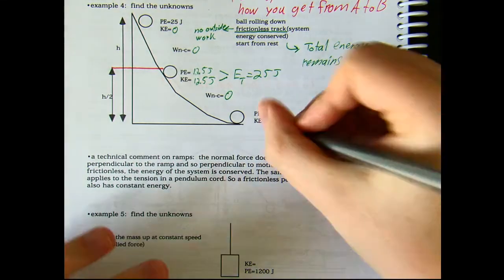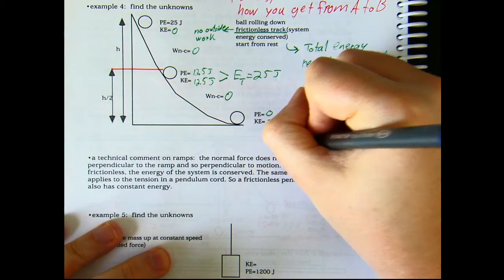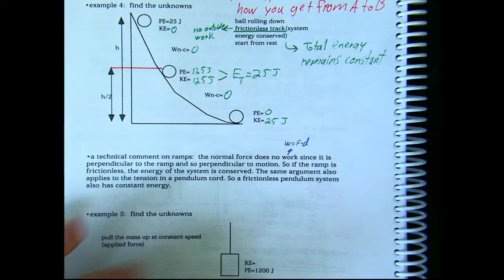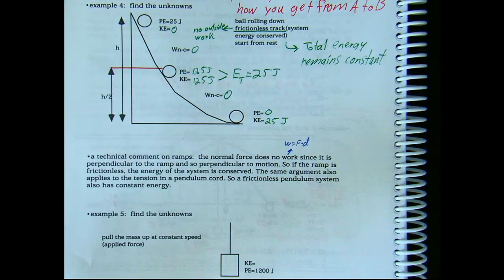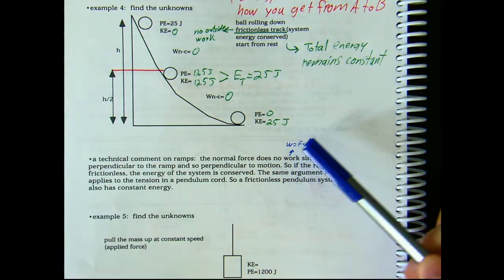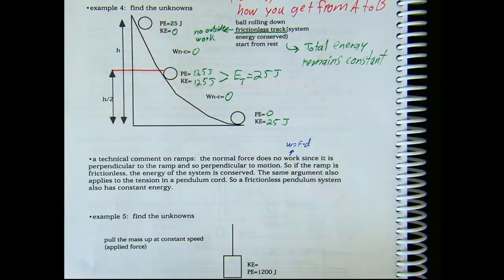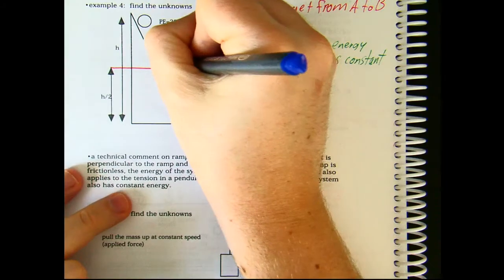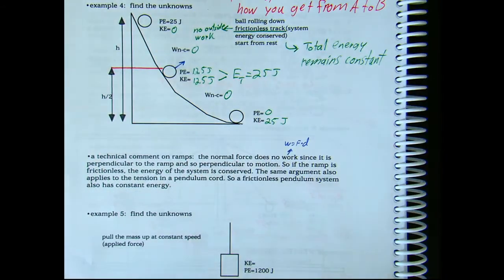So again, remember, work was force times displacement, and as long as force and displacement were parallel to each other, the work was being done. In this case, the normal force is perpendicular to the ramp, so it's perpendicular to the displacement every step of the way. So there's no work being done by that particular force.